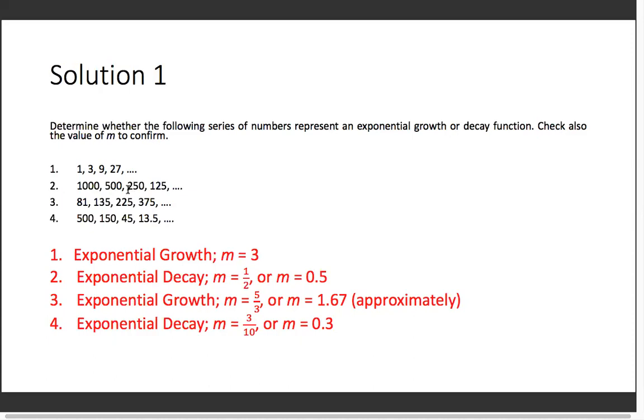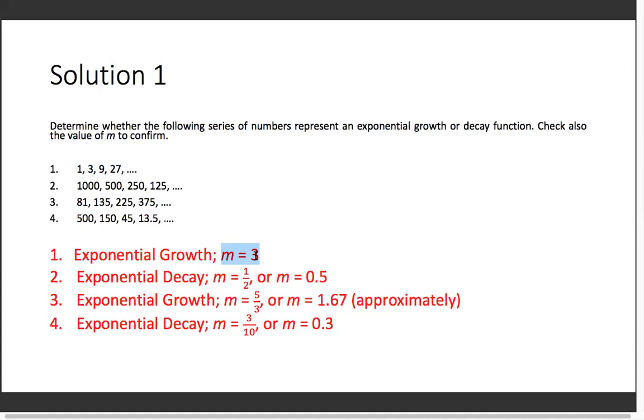Now, to see whether they are really exponential growth functions, we're going to check the value of their m, the multiplier. For number 1, notice that the next term is 3 times that of the previous term. 3 is 3 times of 1, 9 is 3 times of 3, and so on. Thus, the multiplier here is actually 3. Now remember, exponential growth is when m is higher than 1.